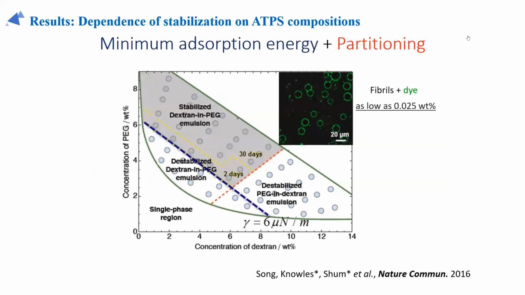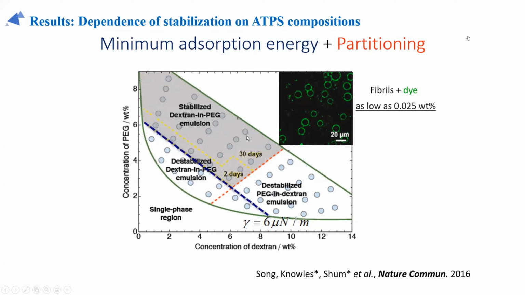And to account for this stabilization and understand how it's working, we try to vary the compositions of the ATPS by varying the concentrations of the PEG and the dextran that are used to form the ATPS. So again, at low concentrations, we only have a single phase. But as we increase the concentrations of PEG and dextran, we start to have two immiscible phases, and we observe the stability of the emulsion droplets at different compositions.